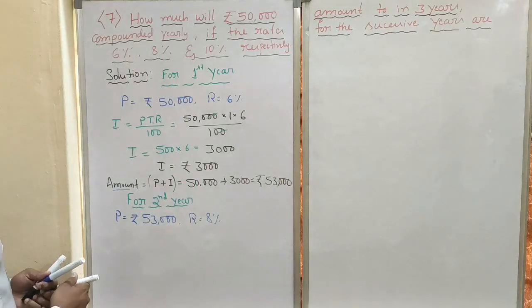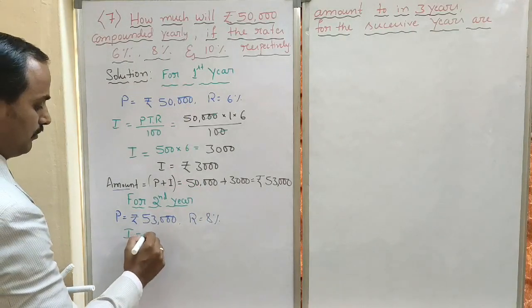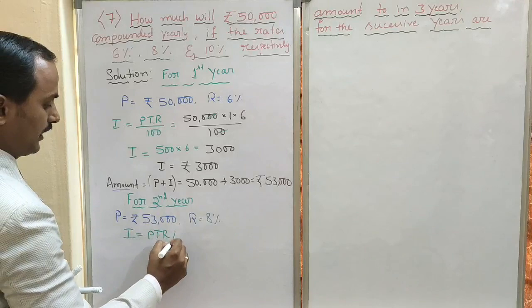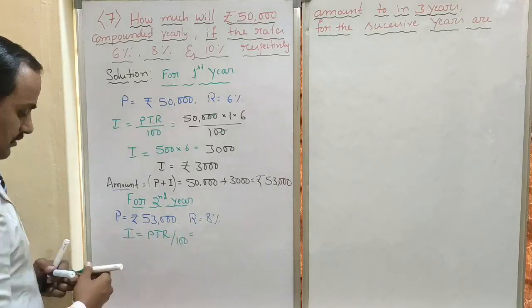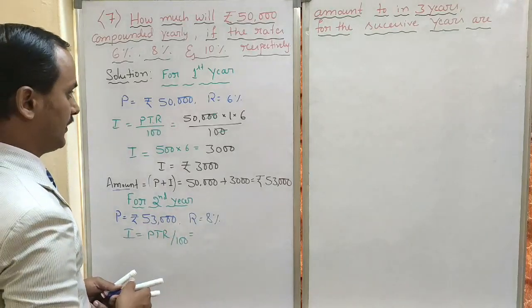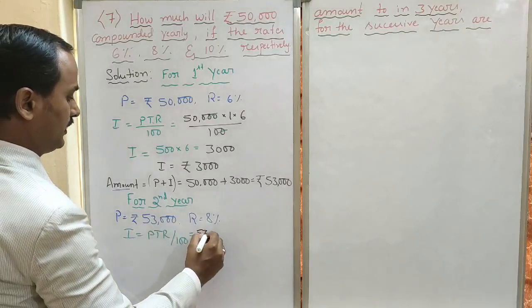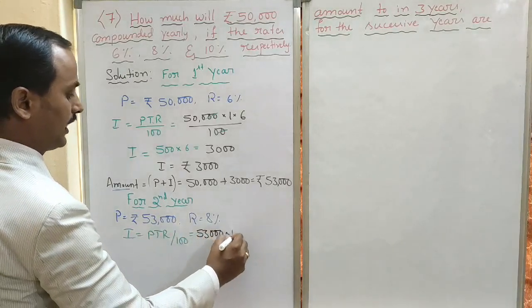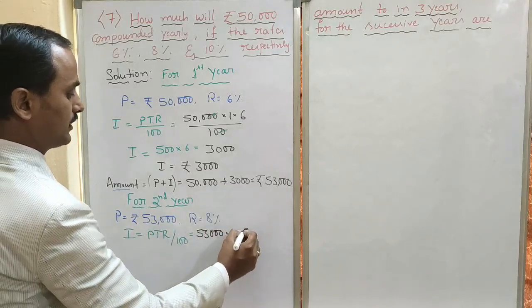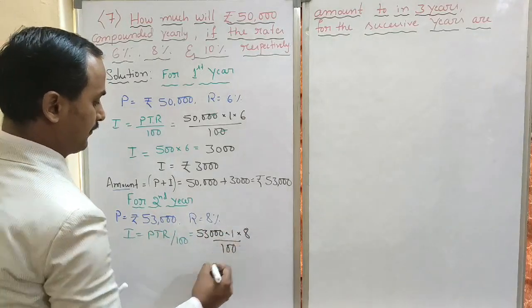Now interest formula I equals PTR divided by 100. Principal amount is 53,000 into time 1 year, rate of interest 8% divided by 100.